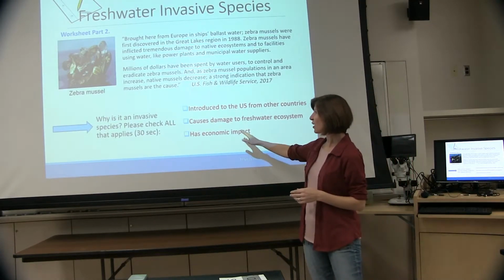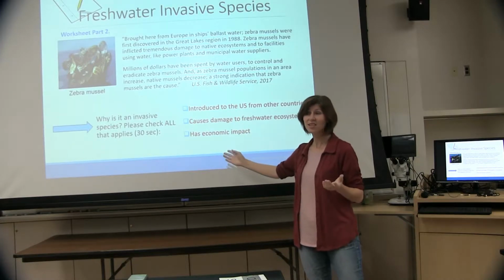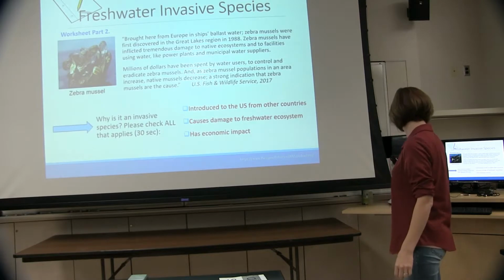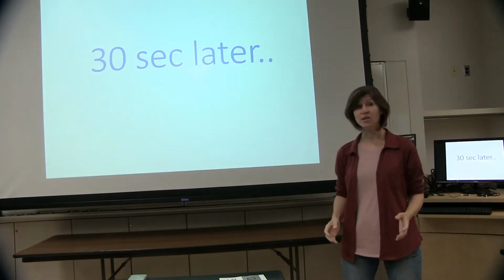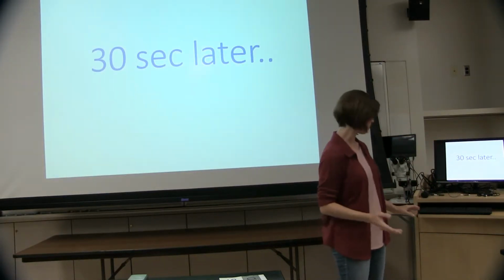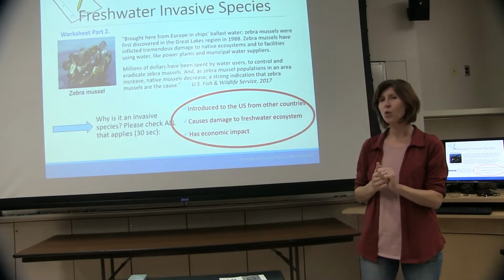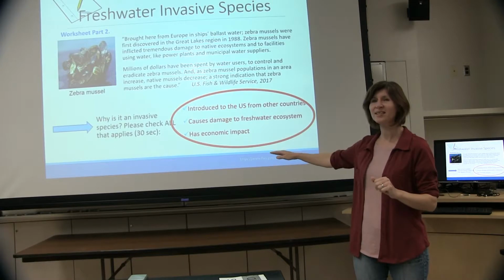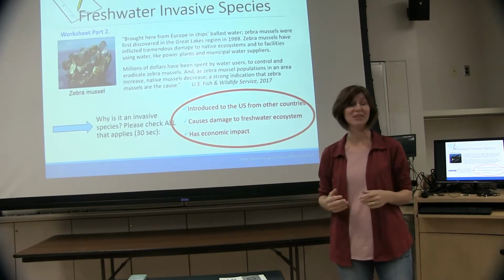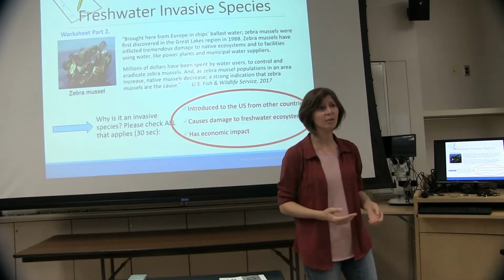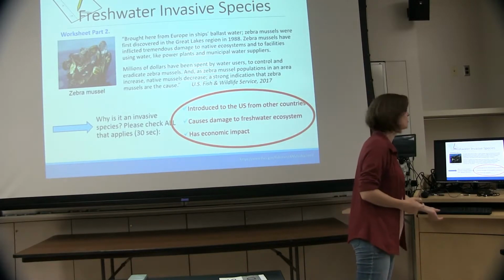After that, you can check all the characteristics which you think may apply to the answer. We assume 30 seconds are over. And let's see, who checked all of these characteristics? Okay, wonderful. Yeah, that's indeed all the characteristics which can be applied to invasive species.